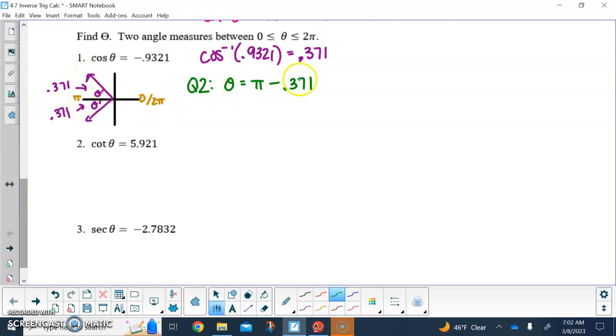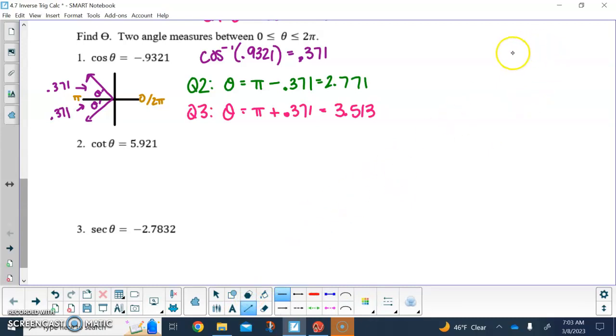We need to subtract off that 0.371, and so that would end up giving us 2.771. And then if you are in quadrant 3, your angle theta would end up being pi plus 0.371, because you've gone a half of a rotation plus that much more. And so that would end up giving you 3.513.